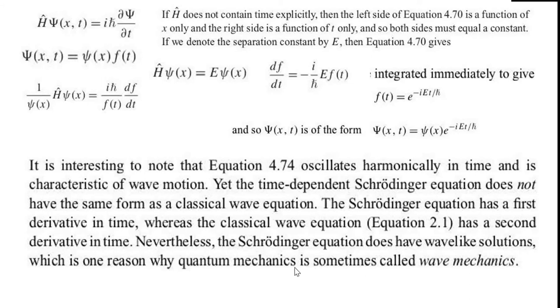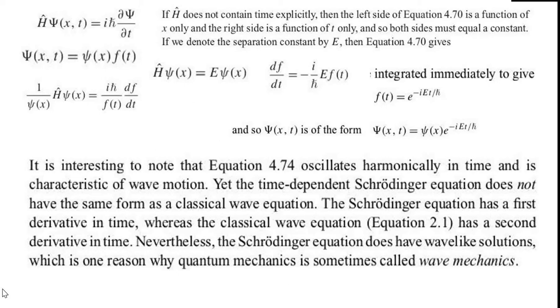Here something is commented, on why we sometimes call quantum mechanics wave mechanics. Interesting to note that equation 4.74 oscillates harmonically in time and is characteristic of wave motion. Yet the time-dependent Schrodinger equation does not have the same form as a classical wave equation.